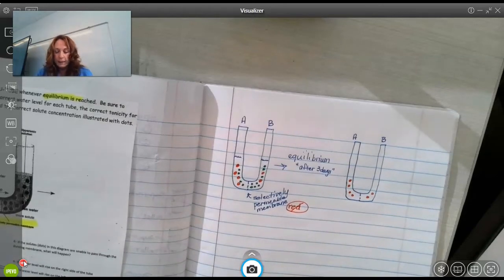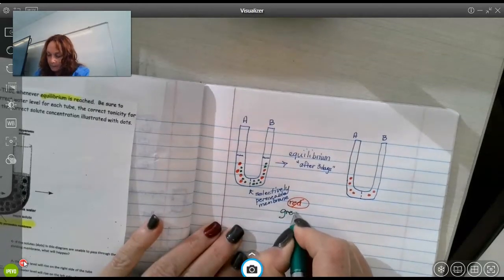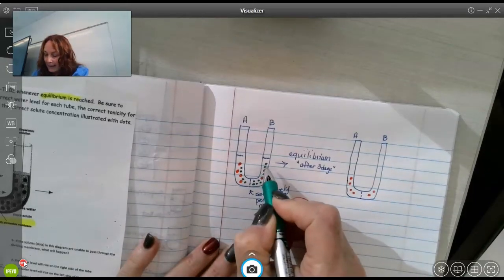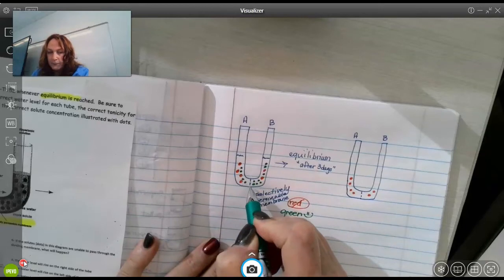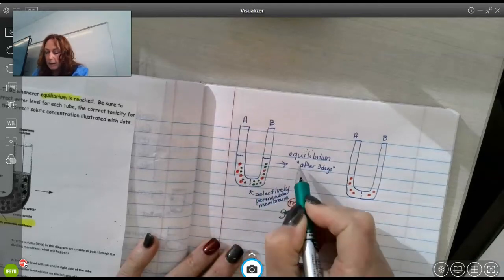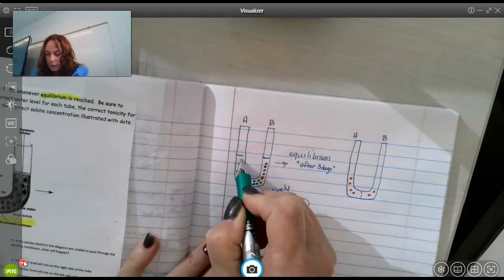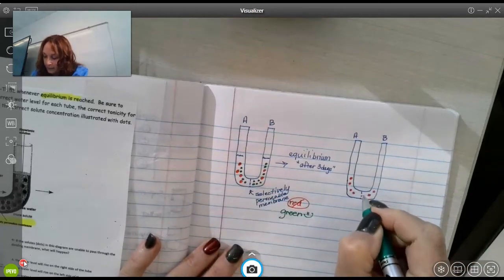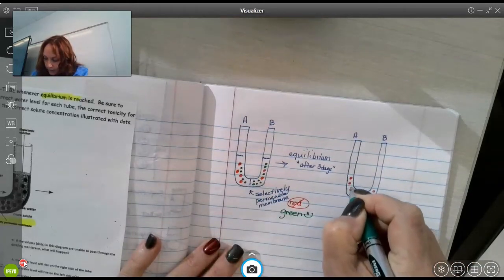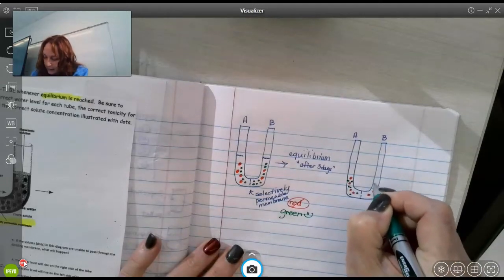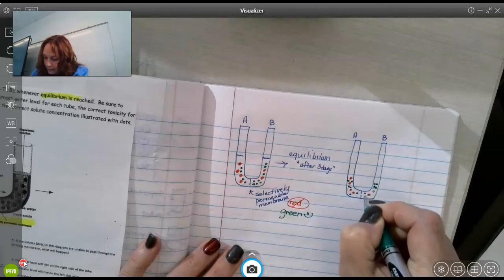The green, we said those can move through. And I had 8 and 4, so twice as much in B as in A. So at equilibrium, it would equalize across that, and I would have 6. 1, 2, 3, 4, 5, 6, and 6. 1, 2, 3, 4, 5, 6.